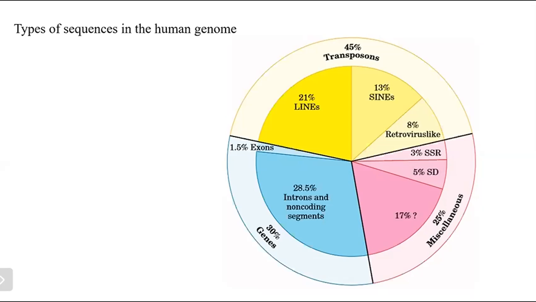So that information is also with DNA. That all becomes the miscellaneous, because these DNA sequences are difficult to locate. That's why it is in miscellaneous. So this was to give you an overview of the human genome.